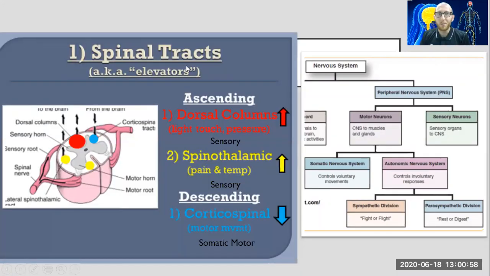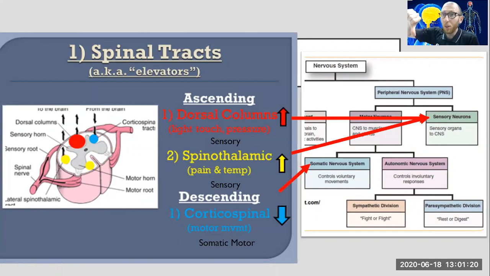Continuing on, we got to talk about those tracks again. Tracks, elevators going up and down, the 2 main ascending ones and the descending one as well. Now we also want to note that these are sensory going up, but descending, it's motor.